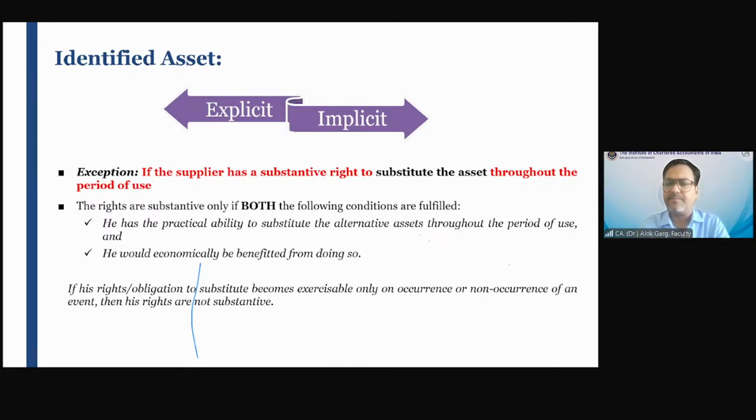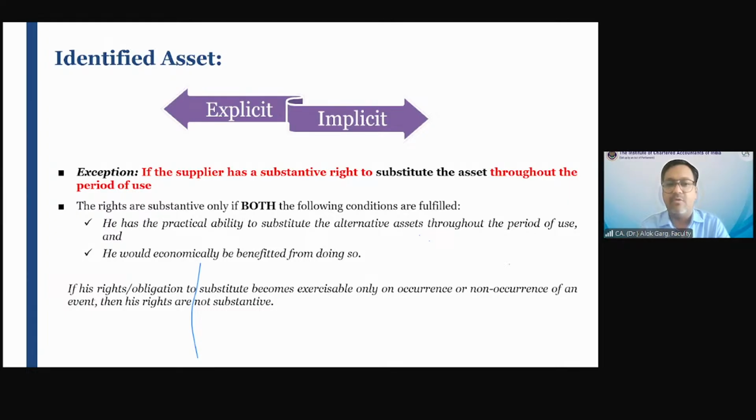Okay. So students, in this case, the lessor has a substantive right to substitute the asset. And if the lessor has a substantive right to substitute the asset, whether we will call that asset as an identified asset? No, sir.